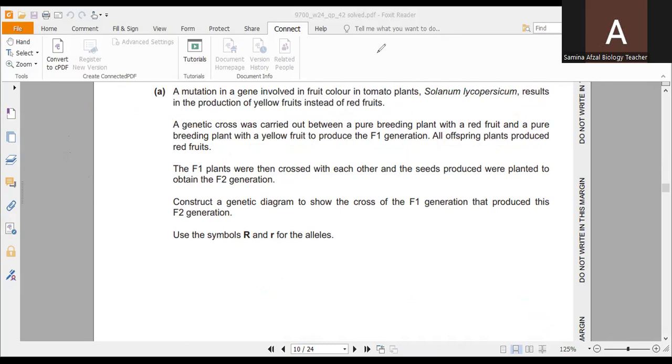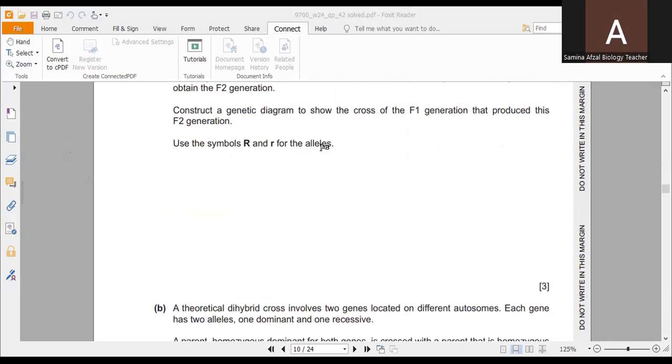Capital R will be used for this purpose. Capital R will show the red fruits, and small r will show the yellow fruits.